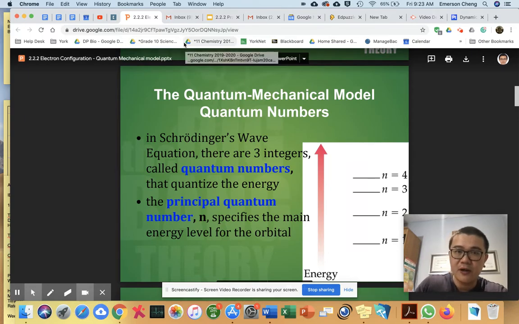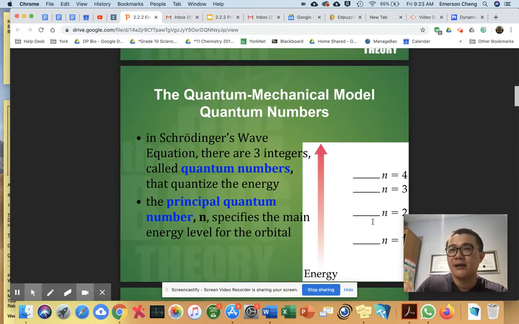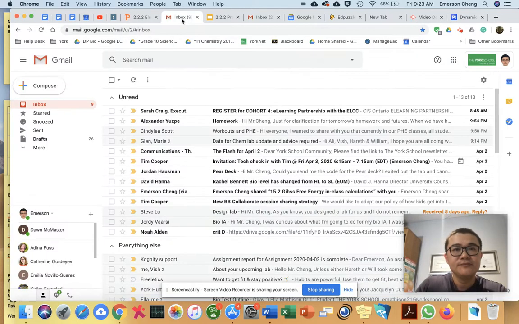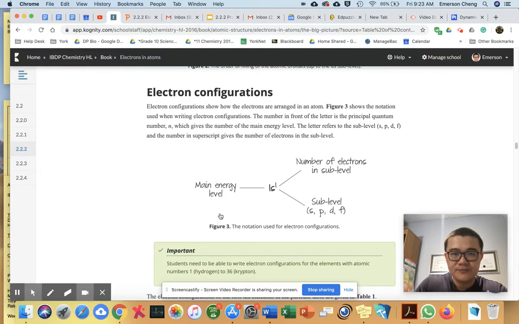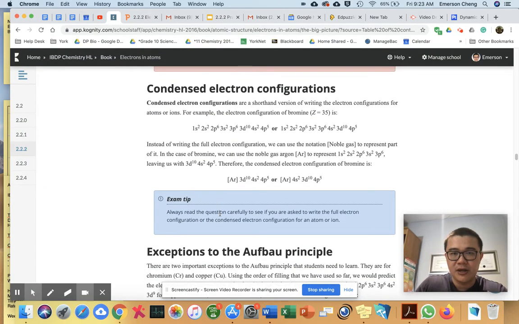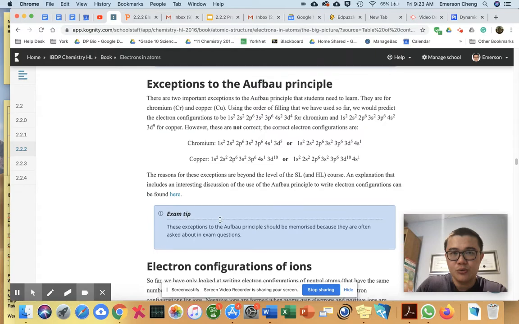So it's pretty much following the rules. You go with the lowest energy level first, and then you try to fill out the shells. You would rather have half-filled shells than empty shells or empty slots. But now the exception to the rule.